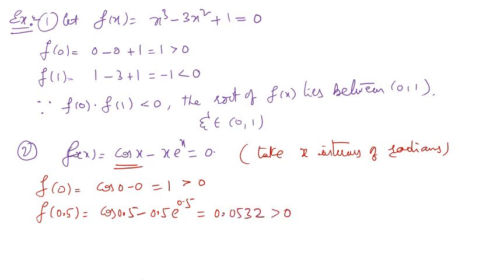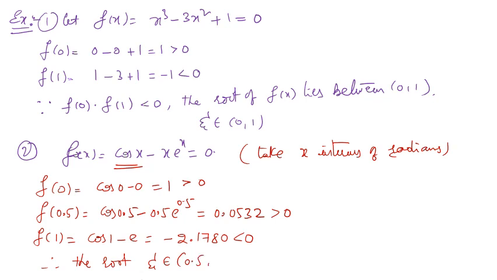It is also positive. Now let me consider 1. This is cos 1 minus e to the power of 1, and this value is minus 2.1780, which is negative. Therefore the root xi belongs to 0.5 to 1.